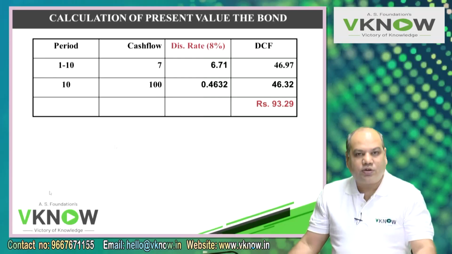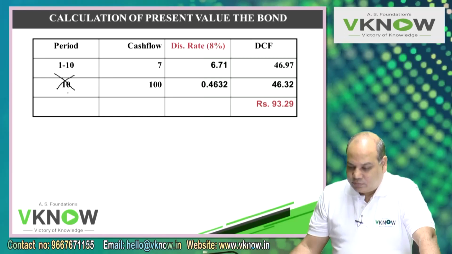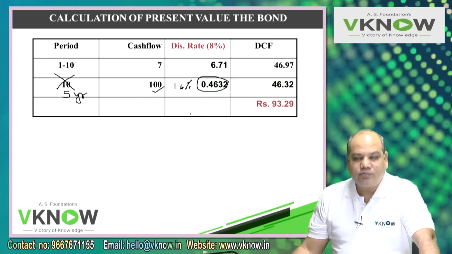Now here some questions are being asked by the student. What is that question which the student is asking? You may also be thinking that why can't we write this as 5 year, this is 100, and then why don't we use discounting factor at 16%?